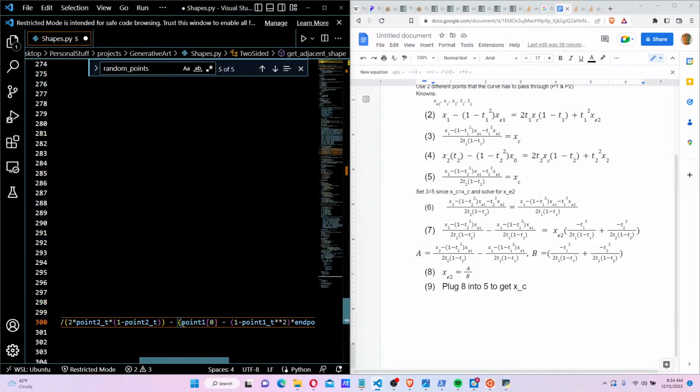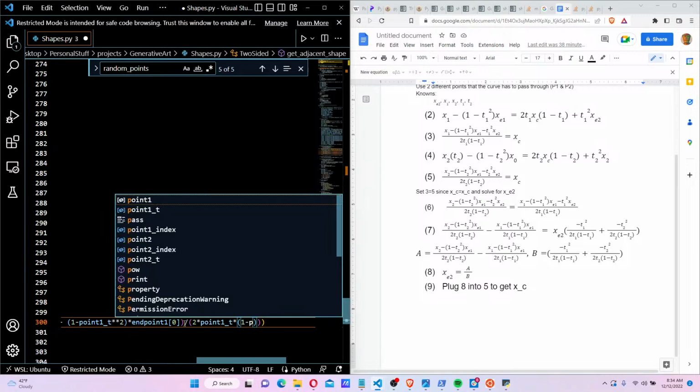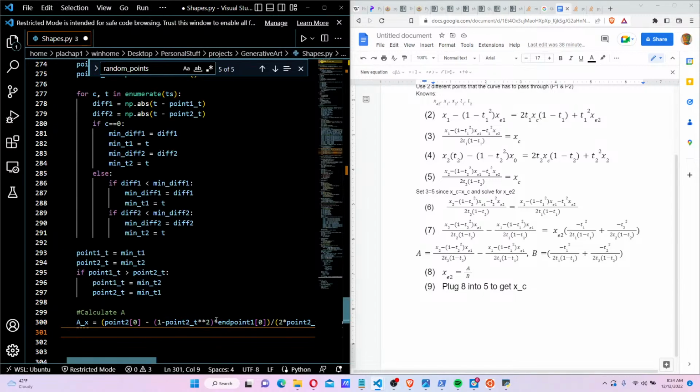Alright, and then divide that whole thing by 2 times 0.1t times, and then inside parentheses 1 minus 0.1t. Okay, that's the a value.